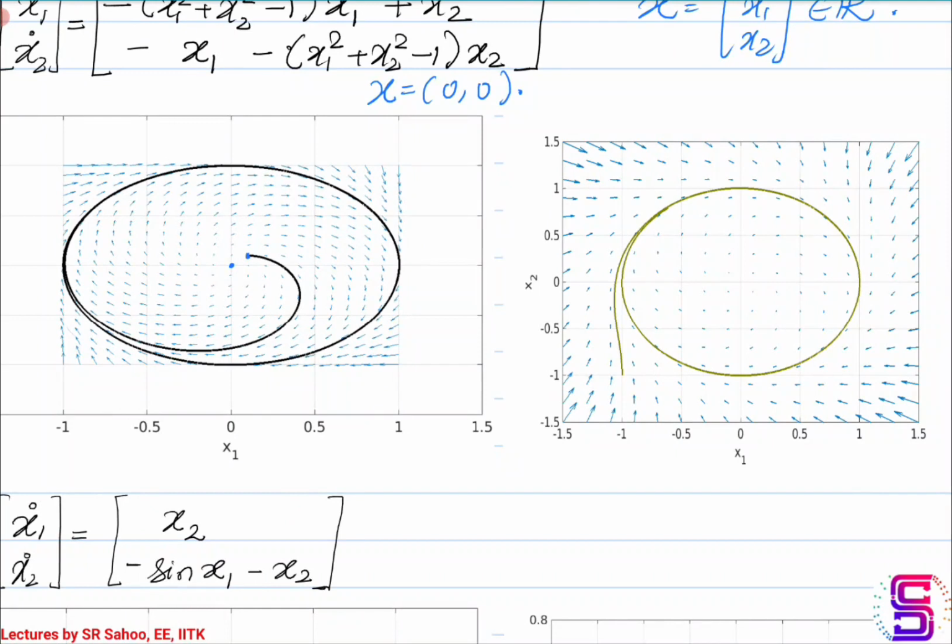Okay, if you are on the circle, you will keep on moving on the circle, you will never come out of the circle. Okay, now what is the benefit that you see here?